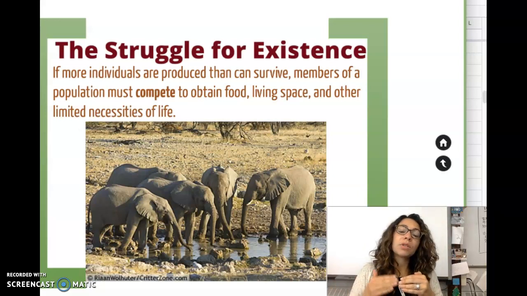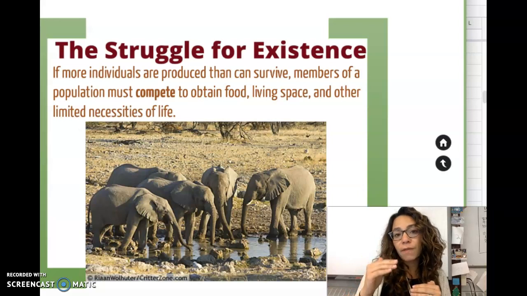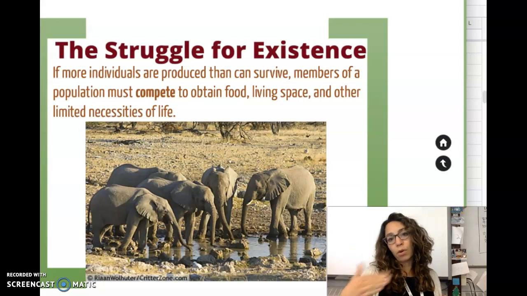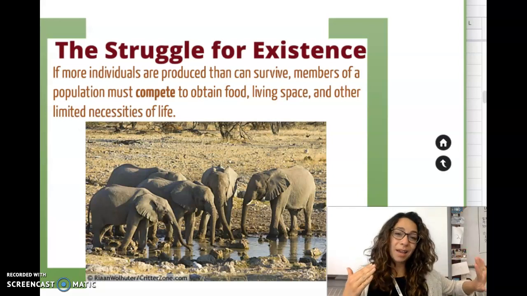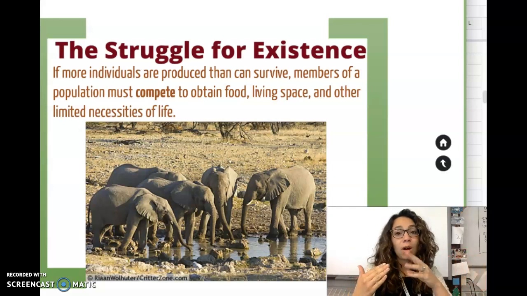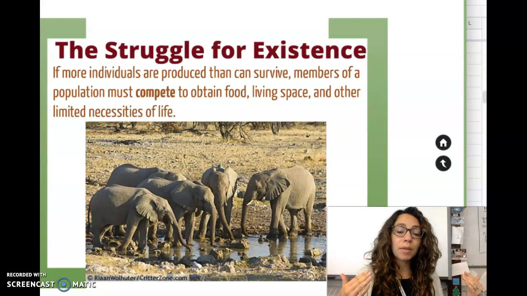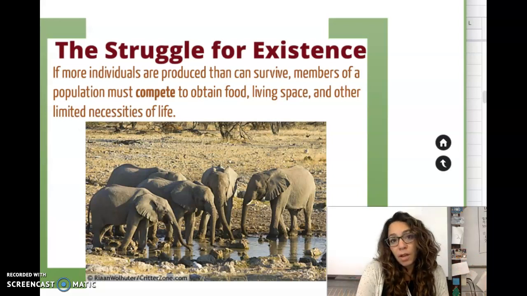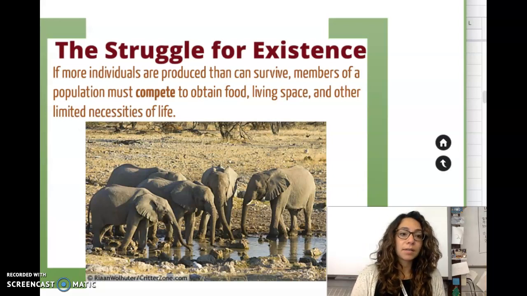Those individuals that are most fit to survive and reproduce in their environment are the ones that pass on their genes more frequently. And the ones who can't compete or are less able to compete with those stronger individuals don't pass on their genes as frequently. So it's the struggle for existence.